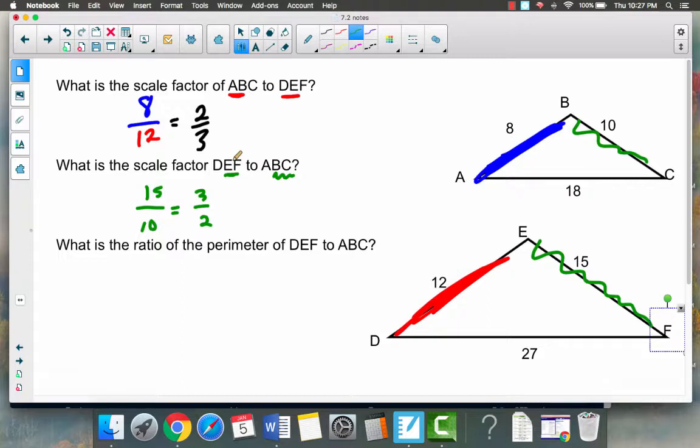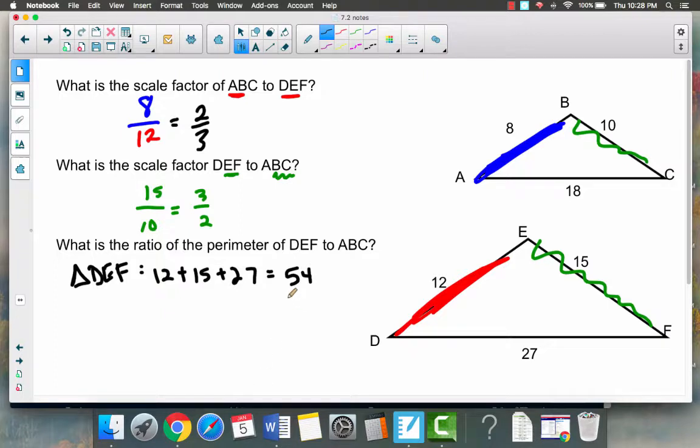All right? And then we can use this to find the ratio of the perimeters, and then we can reduce those down as well. So since we're working with perimeter, and we have that DEF as the first triangle, I'm going to go ahead and find the perimeter of the first. So the perimeter of triangle DEF, if I add up all of those sides, so 12 plus 15 plus 27, I end up getting 54.